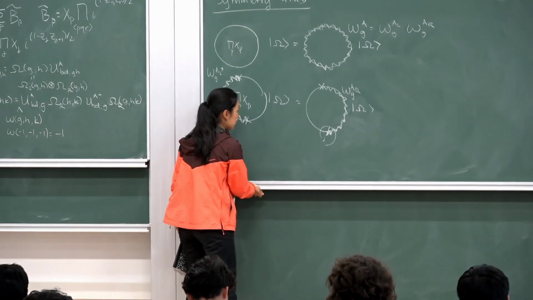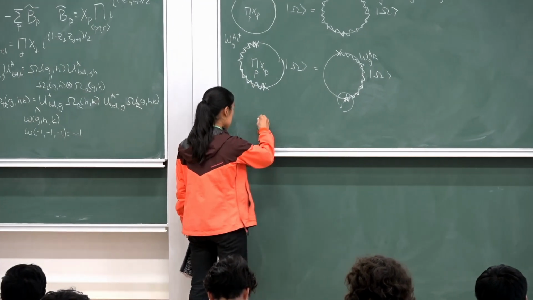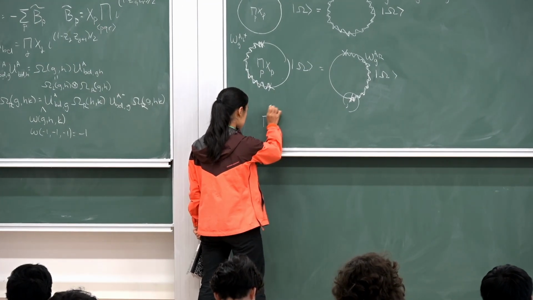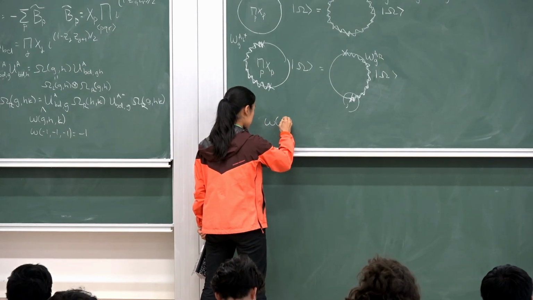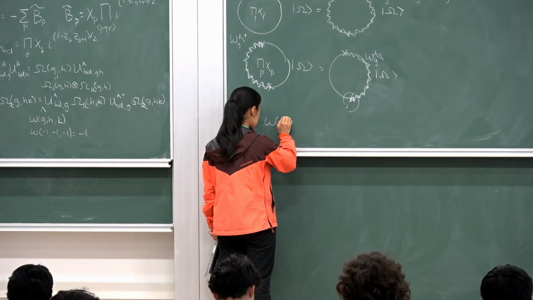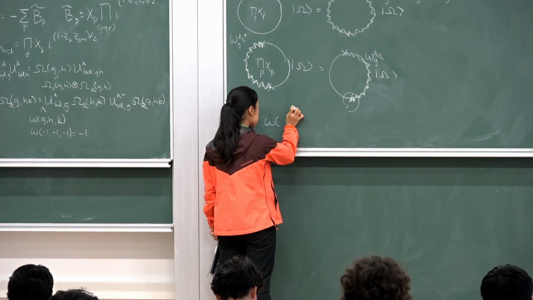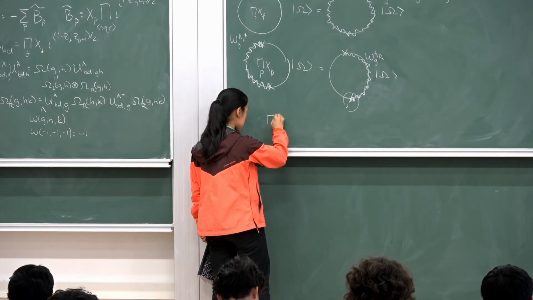And one thing you can show is that there's this gauge invariant property that holds for any Zn.